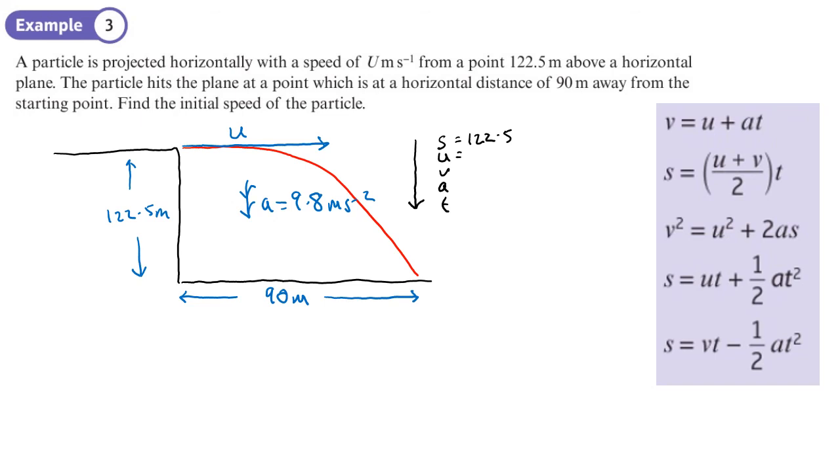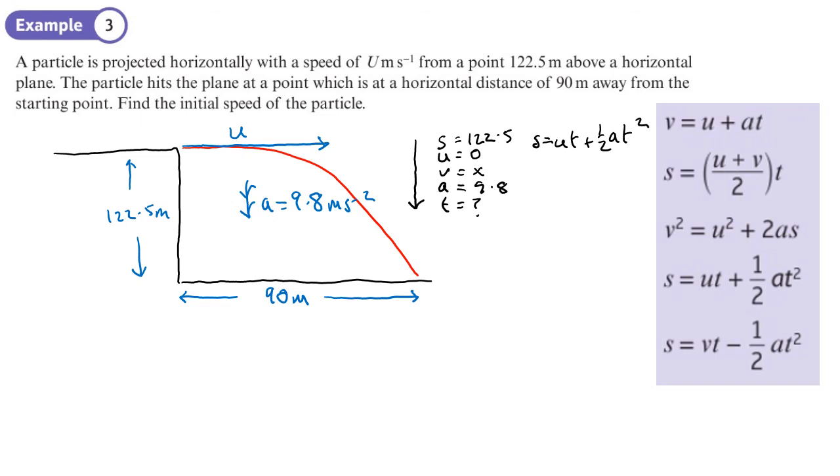U, remember, that's 0. V, we don't know, and we don't really care about. It's not going to help us. A is going to be 9.8. T is what we want to find. Okay, so S, U, A and T. S equals UT plus half AT squared. So let's write that down. S equals UT plus half AT squared.